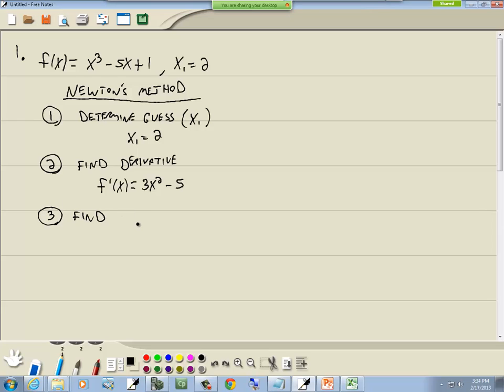Then we're going to find x sub n plus 1 using this formula. We got x sub n minus f of x sub n over f prime of x sub n.